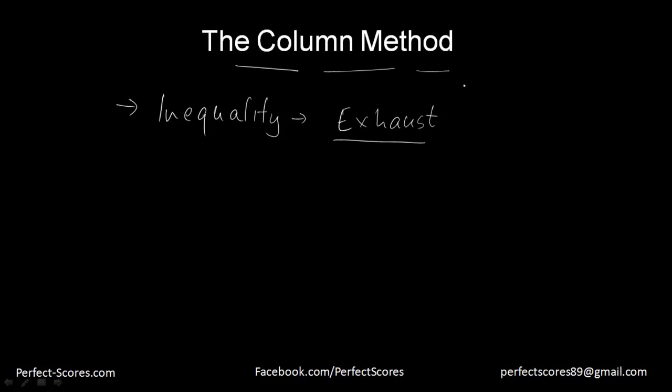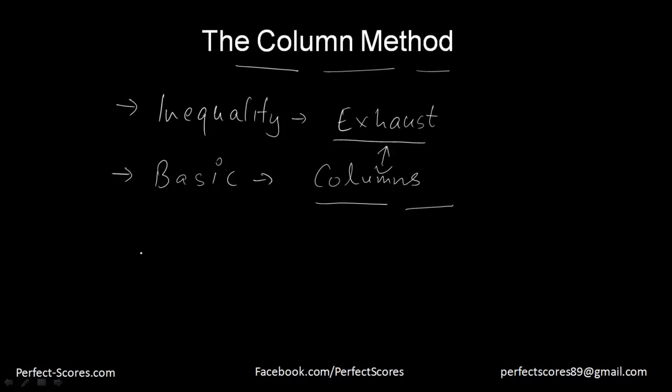The basic thing is that we have to work in columns. Working in columns and exhausting all the possibilities will make sure we get the answer in a really structured manner.